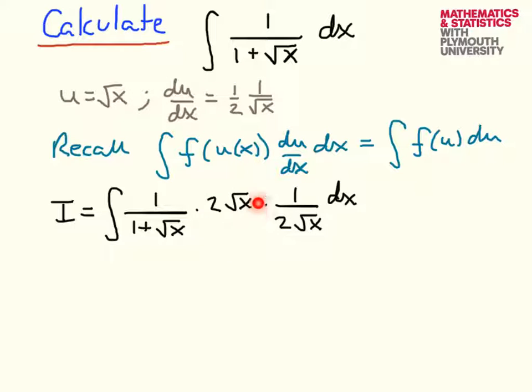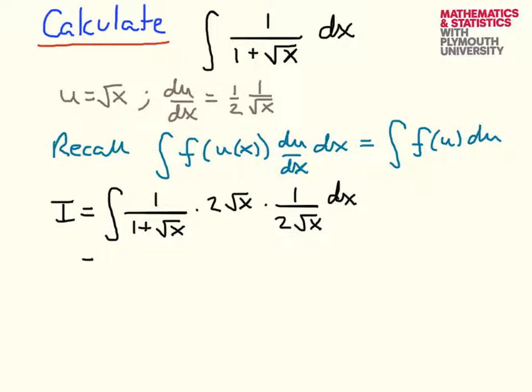And this can be rewritten in terms of u, which is very helpful because u is just the square root of x. So this is du dx, this factor here, integrated with respect to x. So we're going to replace all of this by an integral with respect to u, and everything here, including this new factor, becomes this, so we're just going to rewrite it in terms of u.